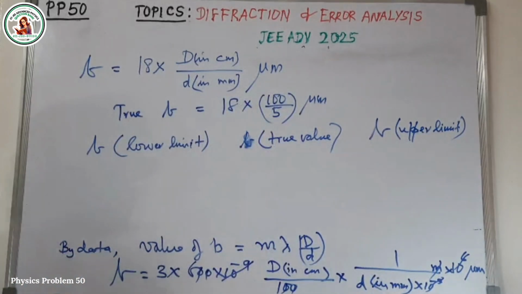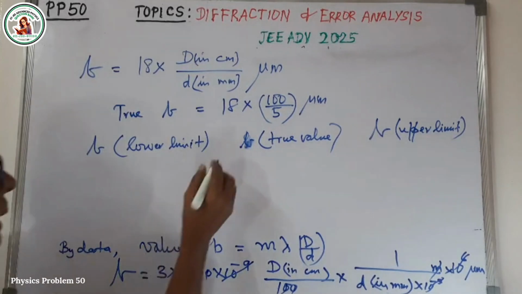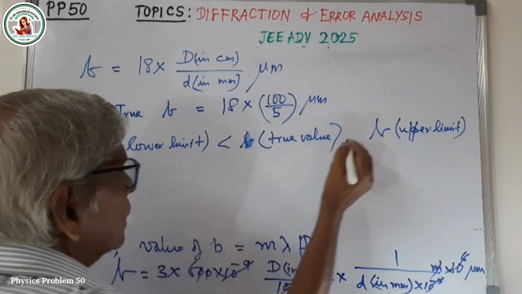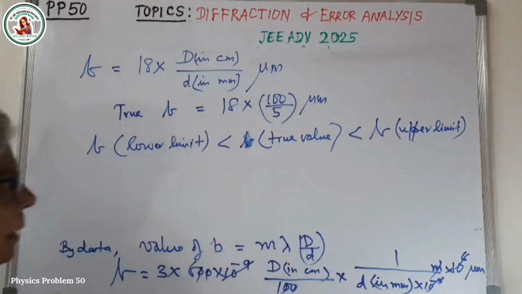These three quantities we are going to compare. The lower limit must be less than the true value, and the upper limit must be more than the true value.